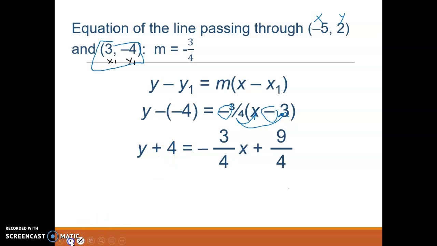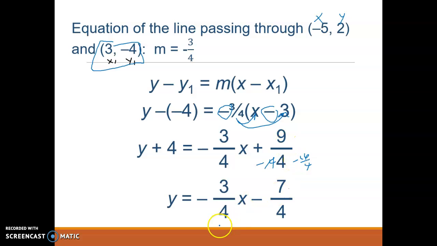So we're going to subtract 4 from the left, and whatever we do to the left, we also have to do to the right. And we get y equals -3/4 x minus 7/4. Don't forget that when you are subtracting 4 here, you've got to have your fractions with common denominators. So -4 is the same thing as -16/4, and 9/4 minus 16/4 is -7/4. That's where that came from.